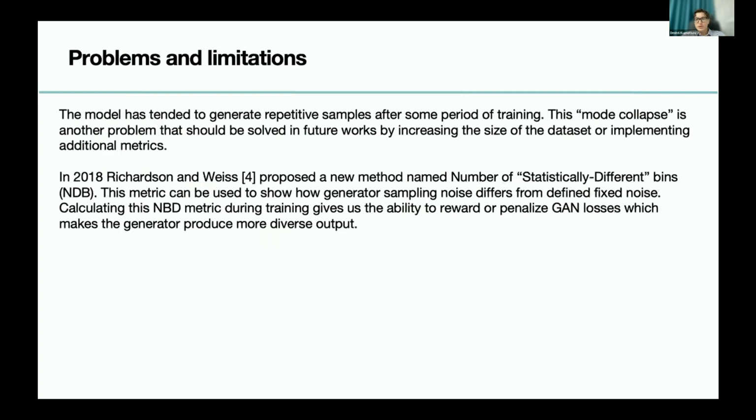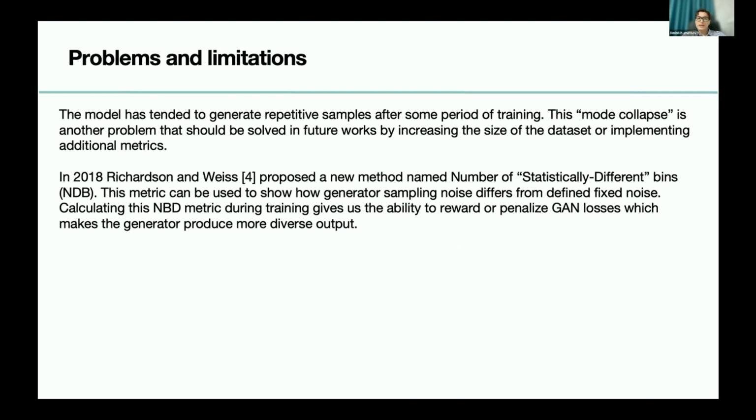About problems, what I would like to talk about is mode collapse, which is maybe the main problem of GAN networks. And there are a few approaches to overcome the situation. First of all, a number of statistically different bins could be used, a method introduced by Richardson and Weiss in 2018.